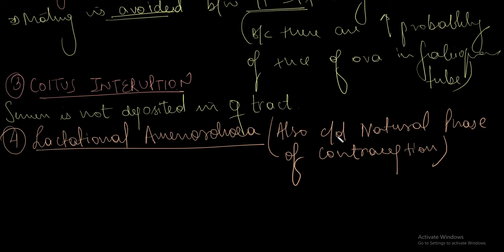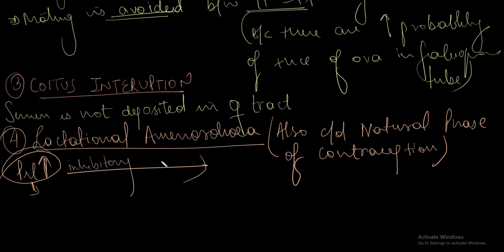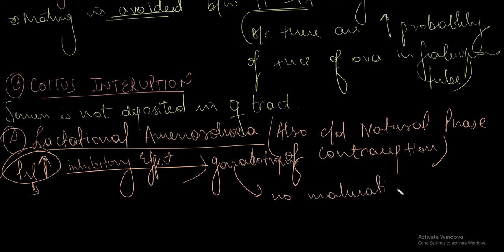We are not using anything. After parturition, the levels of prolactin are very high in the female because the mother is breastfeeding. Prolactin has an inhibitory effect on gonadotropin, as we already discussed in chapter 3. Then there will be no maturation of follicles.